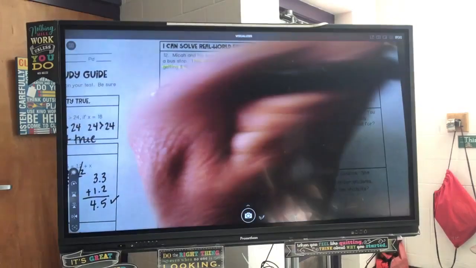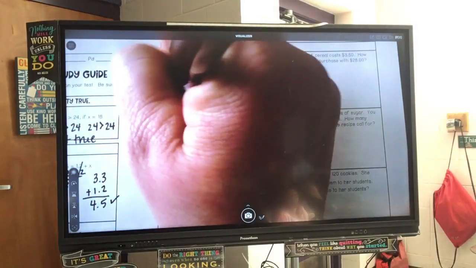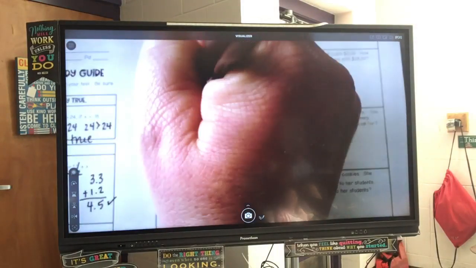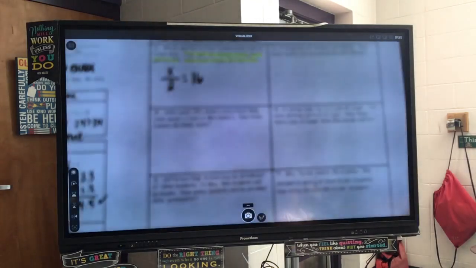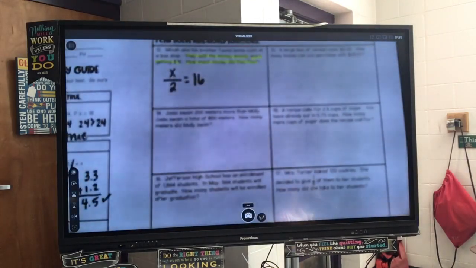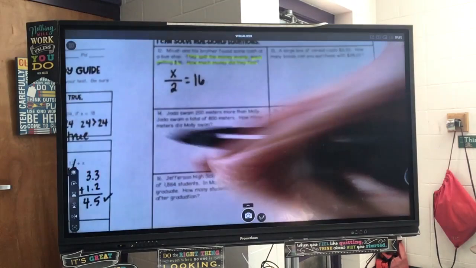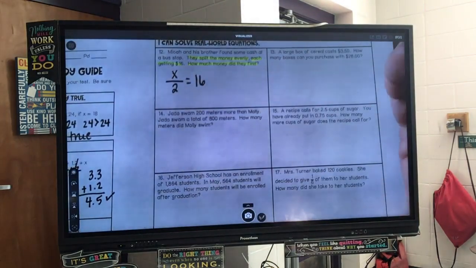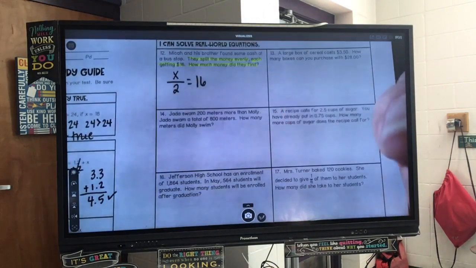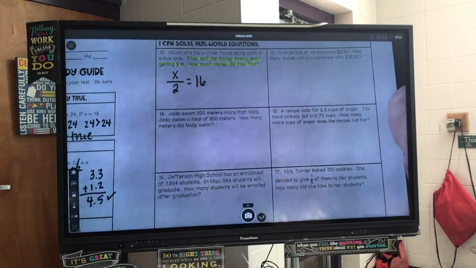Your equation should look like this. Okay? So then if we are solving this, because we're not just writing the equation, we're actually solving this now, what do I do to solve this problem? What do I do to solve the problem?